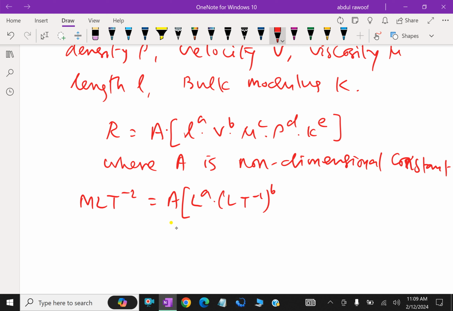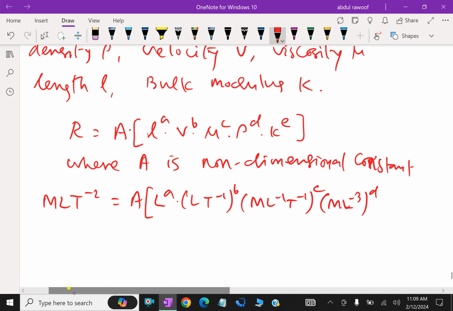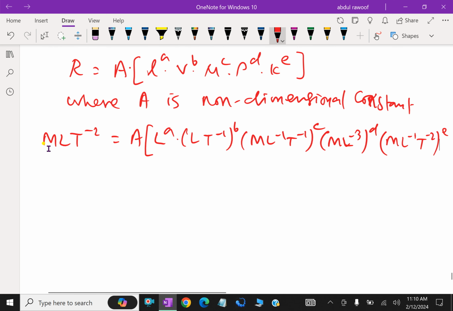Viscosity mu is M L power minus 1 T power minus 1 power c, density rho is M L power minus 3 power d, and bulk modulus K is M L power minus 1 T power minus 2 power e.